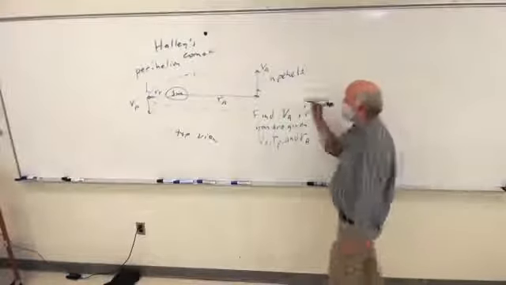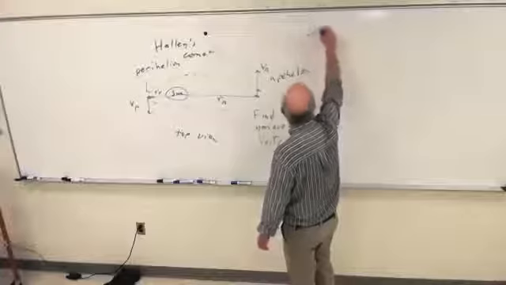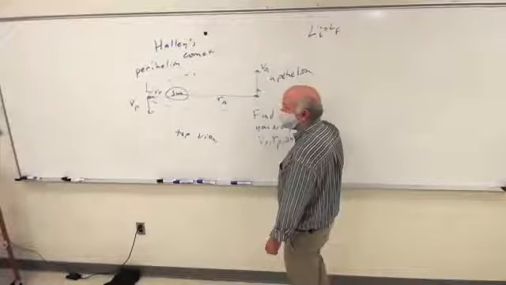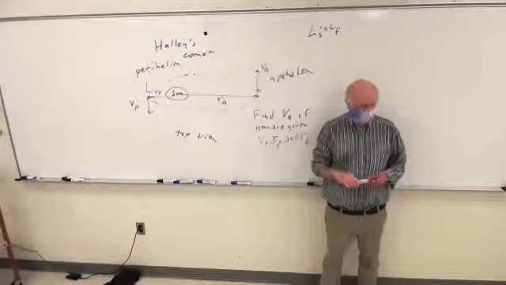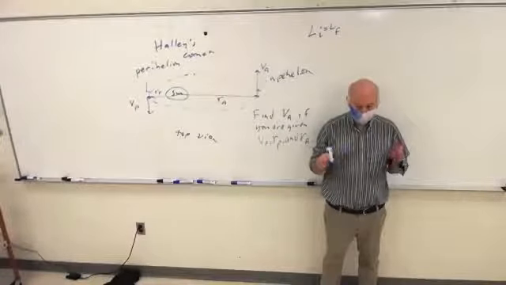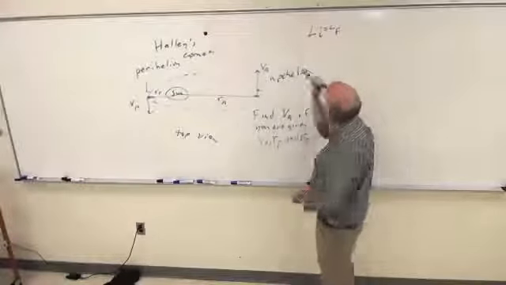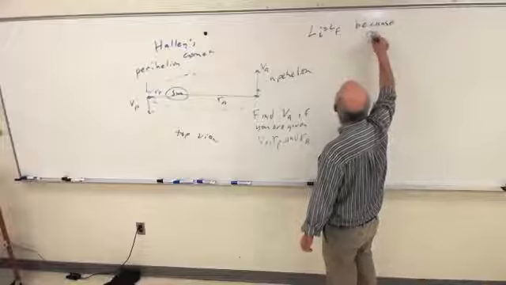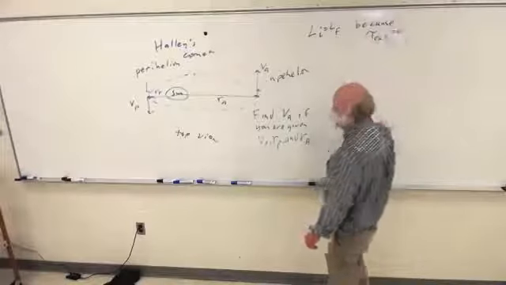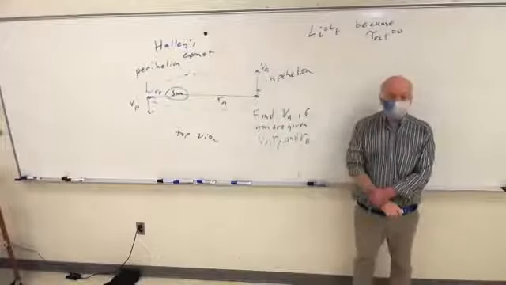So what I can say is L initial equals L final. Now, why can you say this? When is angular momentum conserved? No external torque. So the reason you can say this is because the external torque equals 0. Why is there no external torque?